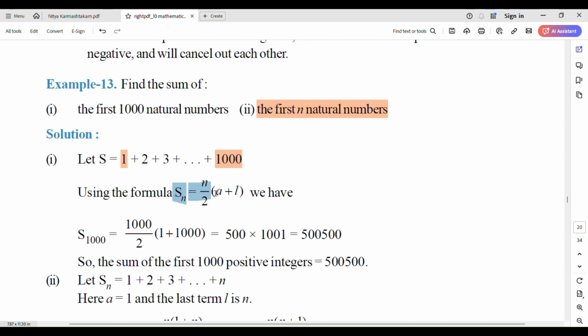If I substitute in this, I don't need d actually, because I want to go up to 1000, so I have l. So S of n equal to n by 2 into a plus l, the sum of first and last. That is 1000 by 2 into 1 plus 1000, that is 1001. So this is the sum of the first 1000 natural numbers. 5 lakhs 500, sorry, 500500.